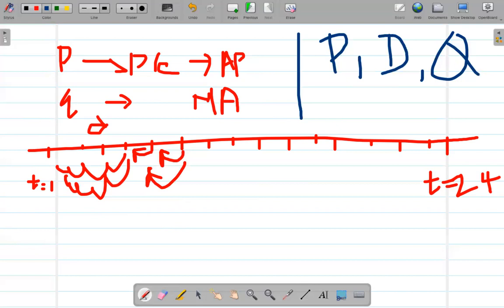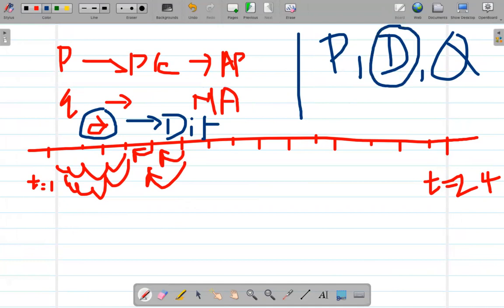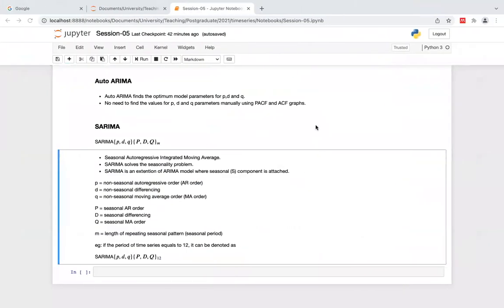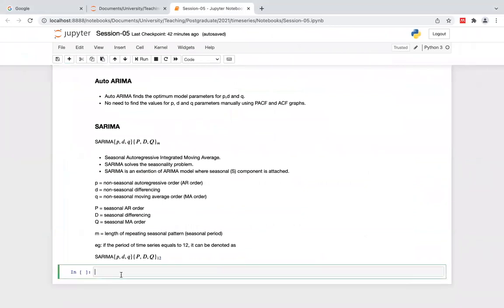Let's discuss this by initiating with the seasonal difference. This lowercase d is just differencing, but here, it's seasonal difference. I'll explain it. Let's take another small title for that: Seasonal.